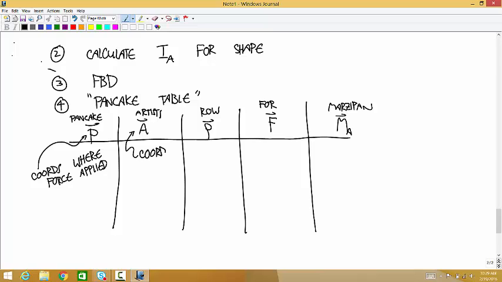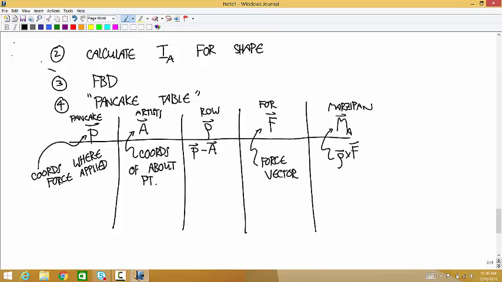A is the coordinates of the about point. Rho is P minus A. F is the force vector. And then the moment is rho cross F.